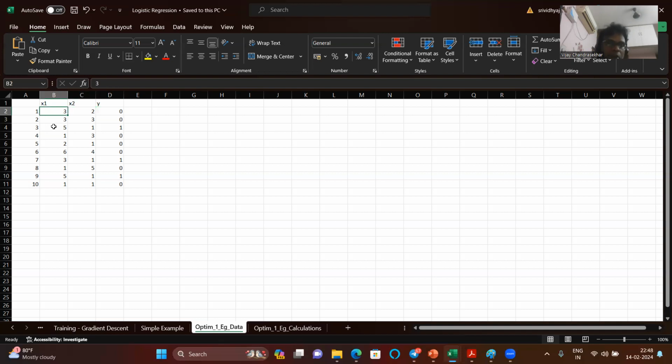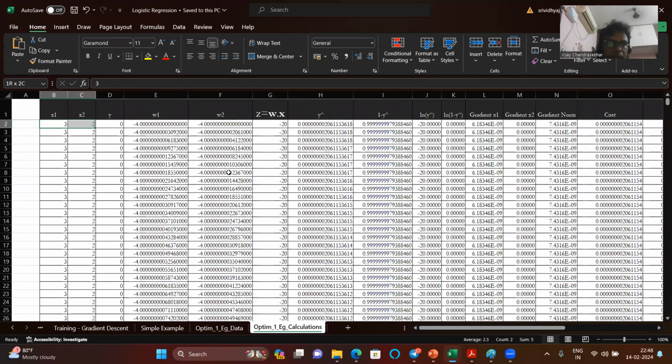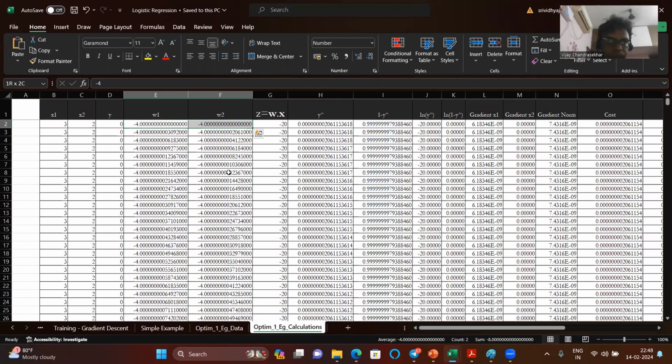I'm just going to derive a cost function using the first data point, which is this. So let's look at this. Here is x1, x2. This is y. I assume a value of w1 and w2 because I'm trying to optimize, so I'm assuming a value.